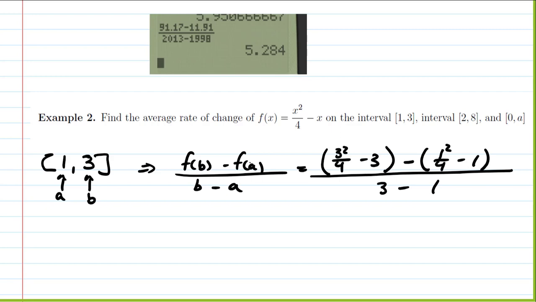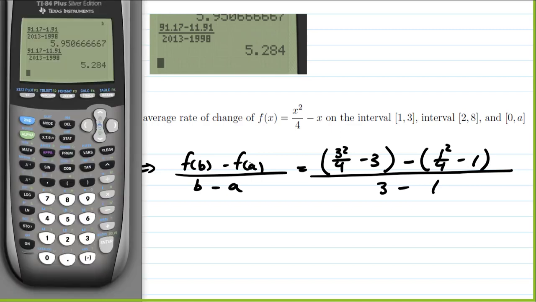There is an easier way to use our graphing device to do this. So if we just put our function into our y equals, we can go alpha y equals to get our fraction. We go x squared over 4, and then we go take away x. So now that we have that, we can actually just make our fraction, and we type this in.